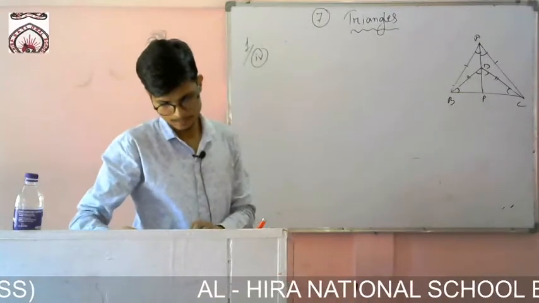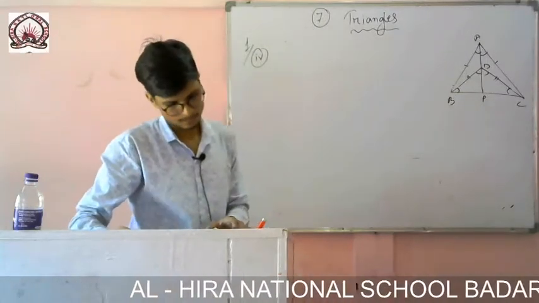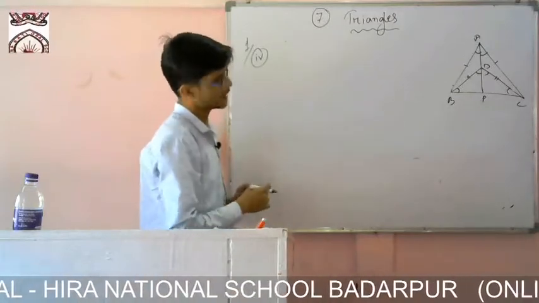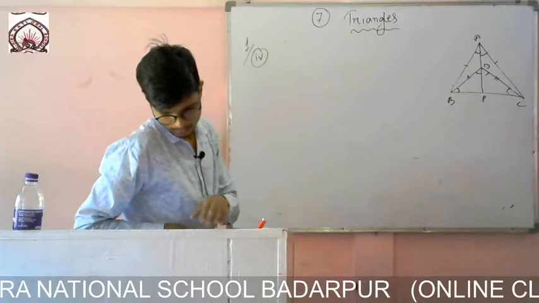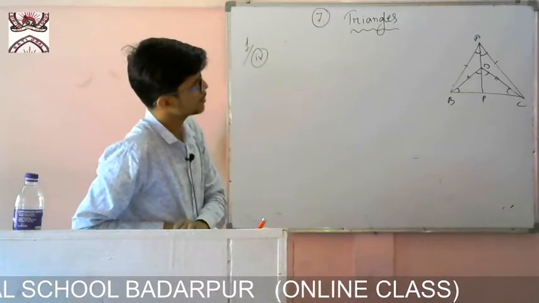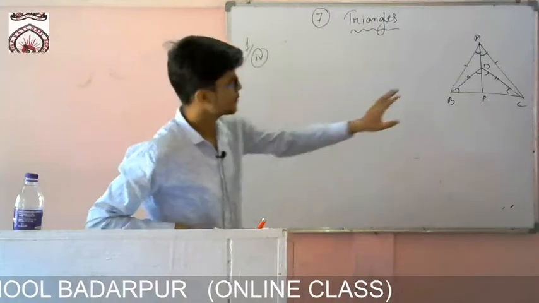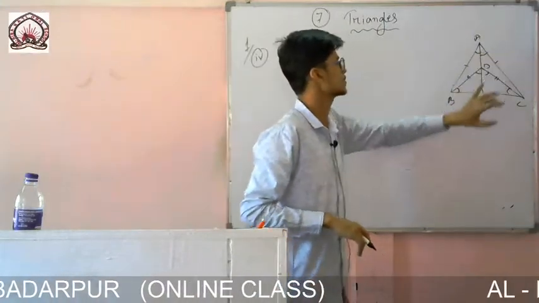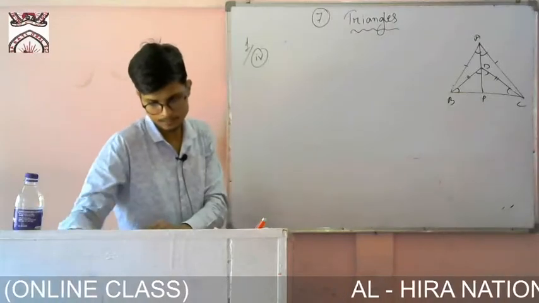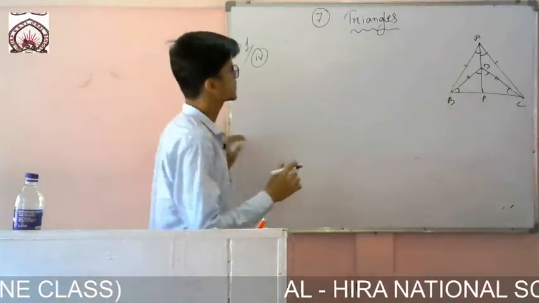So you see here, we have proved that these two triangles are equal. I have to show that AP is perpendicular to BC. AP is perpendicular to BC. Earlier I proved that this triangle is equal to that one, that is triangle ABP is congruent to triangle ACP.